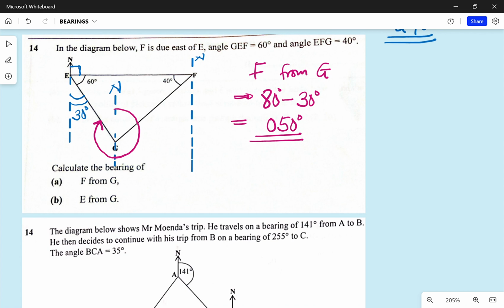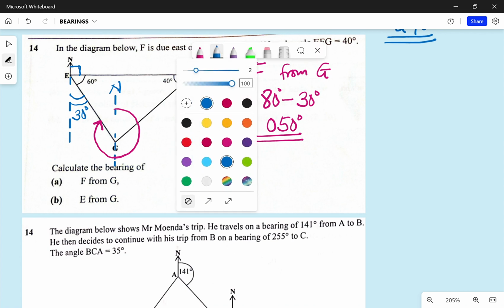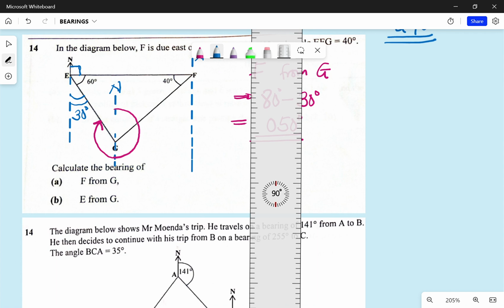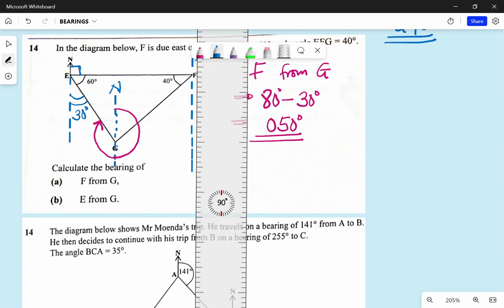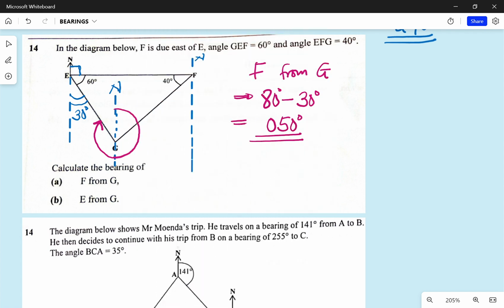Now when you look at this, we are coming from the north. Let's just have this north back. So we are saying E from G. What we're going to do here is to use the concept of angles on a straight line. From here to here, we have 180 degrees.